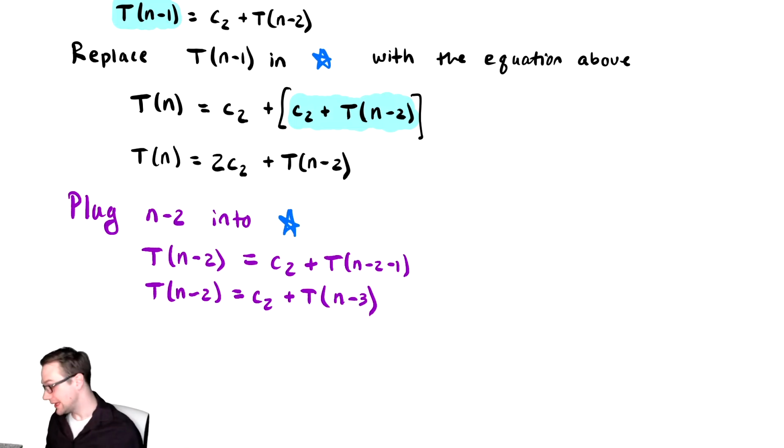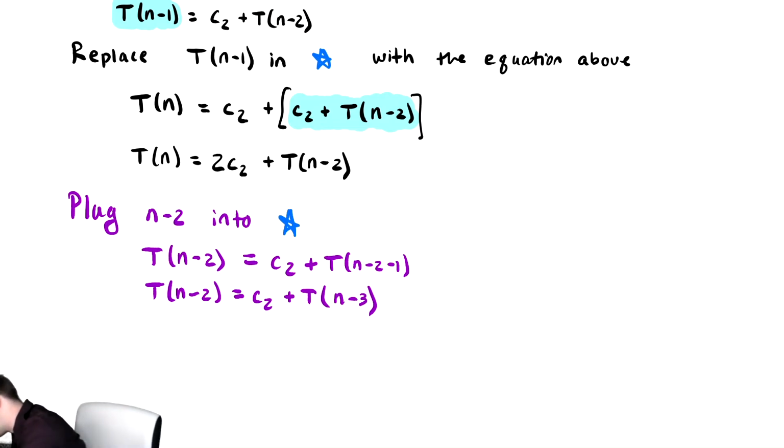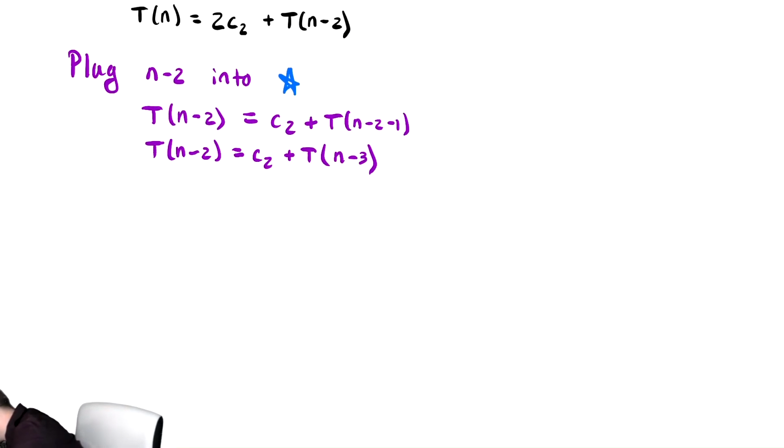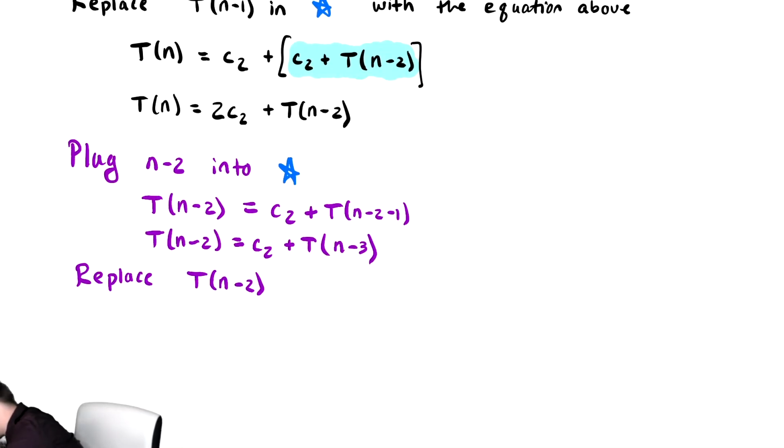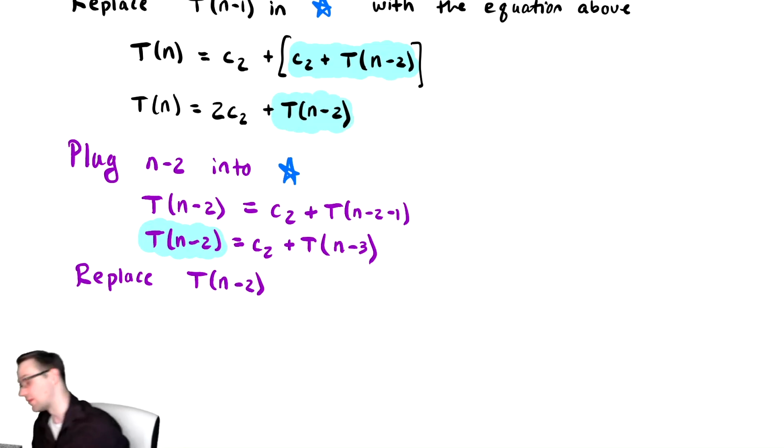We're then going to replace t of n-2 in the equation we just developed. And just to emphasize that we're doing the same thing, this t of n-2 is the exact same as that t of n-2. So we're going to replace the t of n-2 with the right-hand side of that equation in purple.